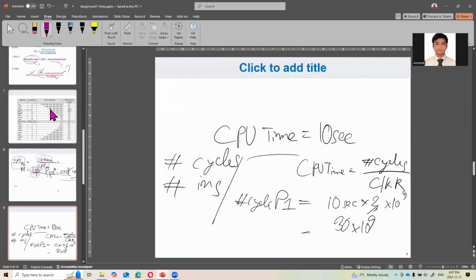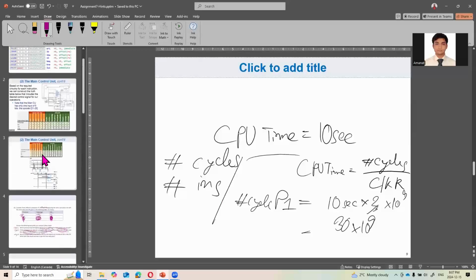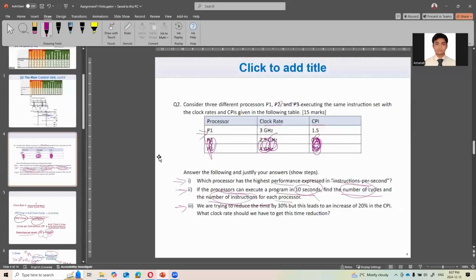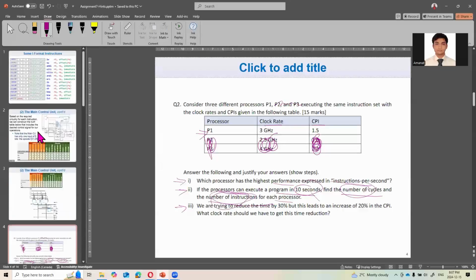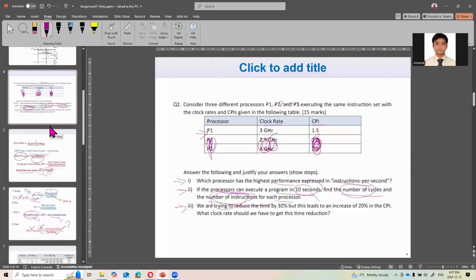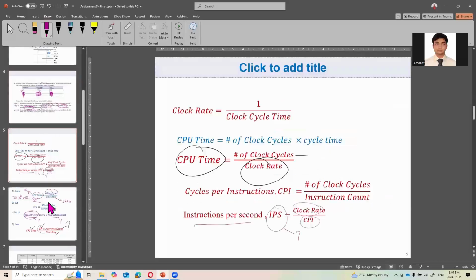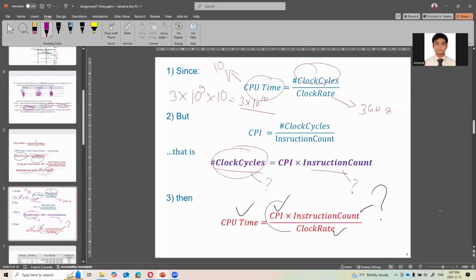The next question asks for the number of instructions. Let's look at the formula. We can use this because now we know the number of clock cycles, which is 3 into 10 to the power 10, and we know CPI is 1.5.